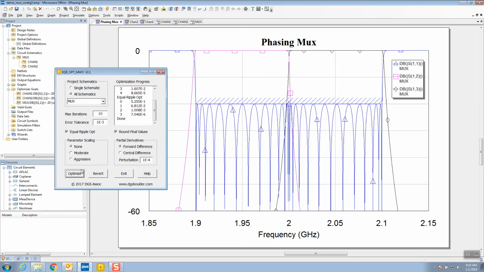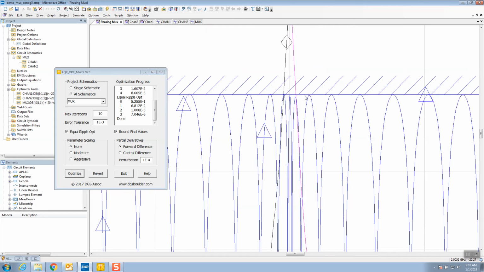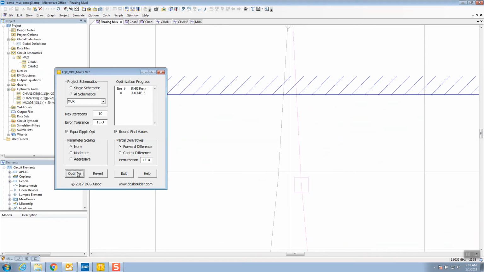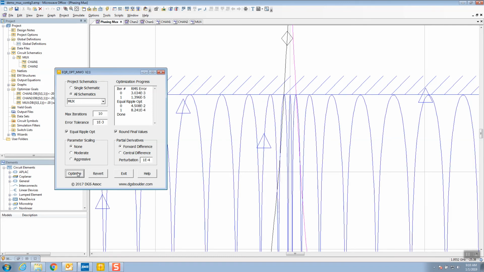And we've got a very good solution. If we look closely in the crossover region, it's not quite perfect, so we can run the optimizer one more time. And now it's even more perfect.